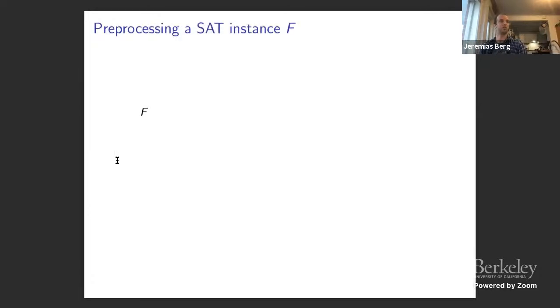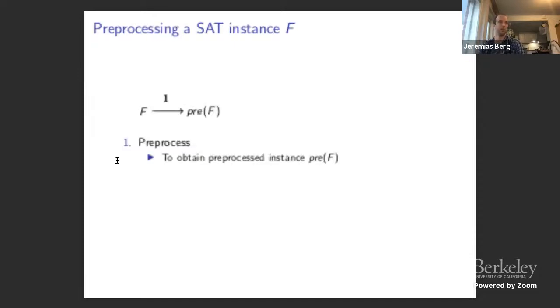Here's my sketch of the pipeline that we want to achieve, that is a lot less nice than the one Benjamin had. But just to recap, the thing we're aiming at is a pipeline where we start with an instance F, and then we run different kinds of preprocessing techniques to obtain a preprocessed instance.